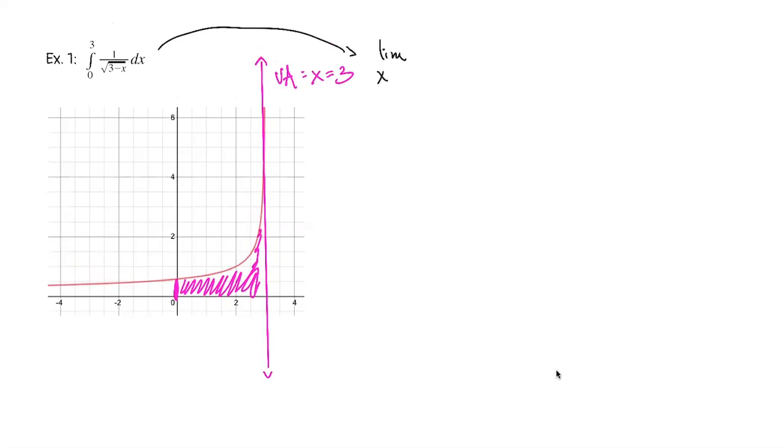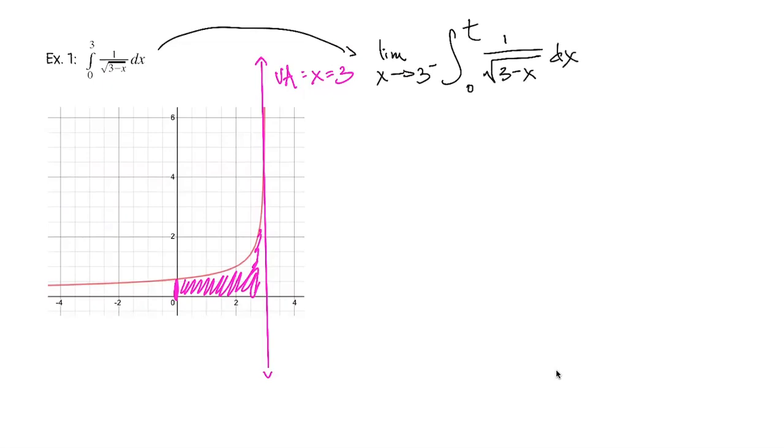Limit as t approaches 3 from the left. 3 is my vertical asymptote, and my picture is on the left-hand side, so I'm approaching 3 from the left. And the integral from 0 to t of 1 over the square root of 3 minus x dx.